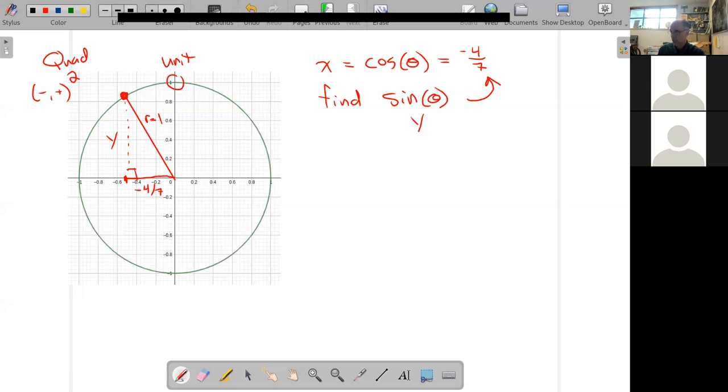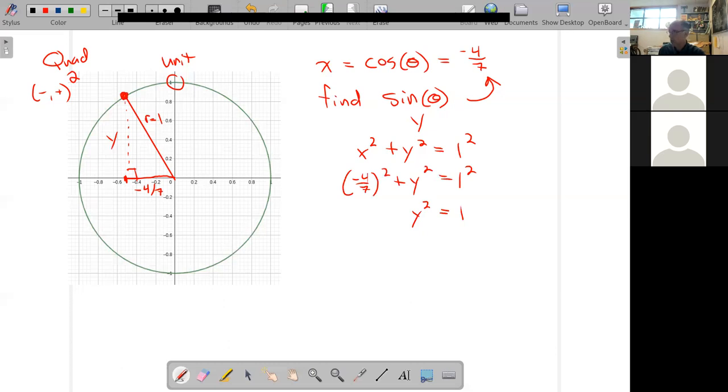So what do I know? Pythagorean theorem here tells me that x squared plus y squared equals 1 squared. And in this case, I have x equals -4/7. Always use parentheses when you substitute in. One squared, let's do the easy one, that's 1. Y squared is y squared at the moment. And then if I square a negative, I get a positive.